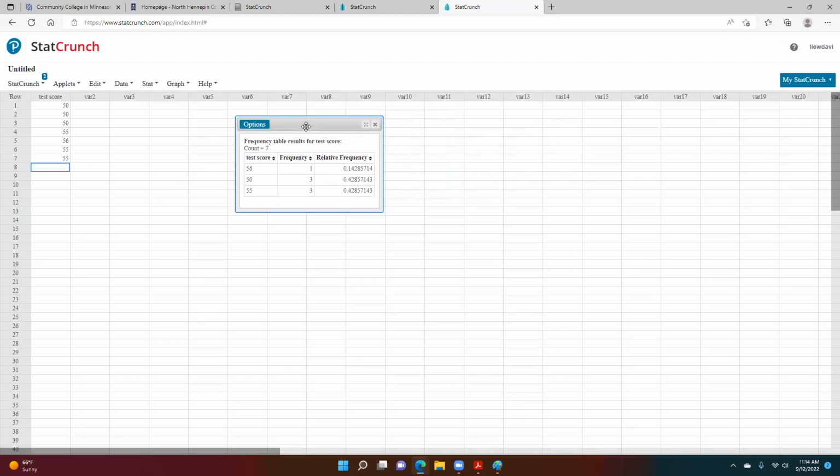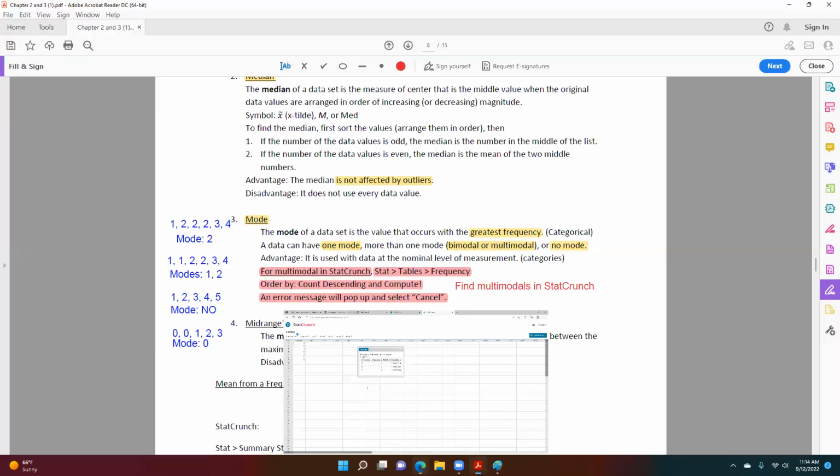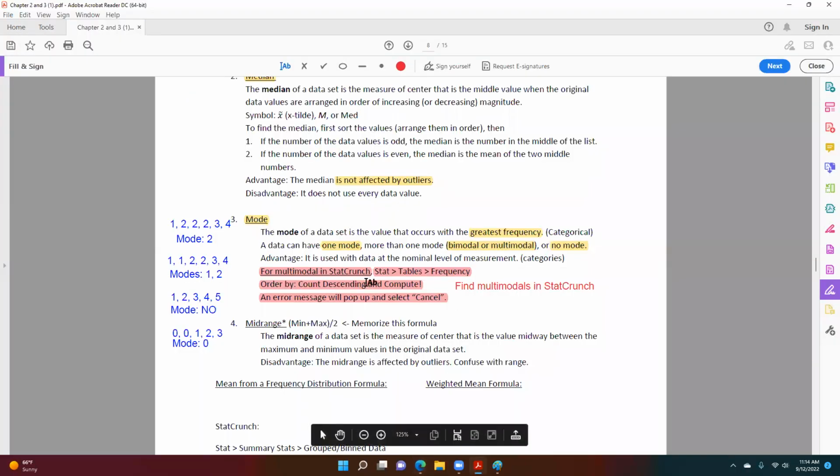In this case, it gives what we call a frequency table. And you notice that the most frequent values in this case are 50 and 55, because that is the highest frequency. So these are your modes, which means you got 2 modes here. So this is how you find multi-modal data if you want to do it in StatCrunch.